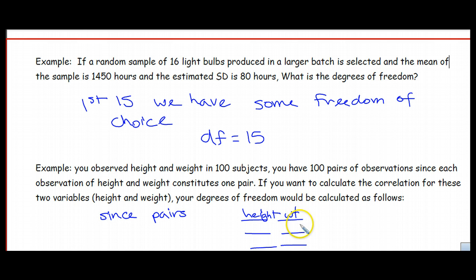Since I'm choosing pairs, how many am I going to have left at that last choice? When I make that last choice, I have to choose the last height and weight. So my degrees of freedom are going to be 98 because I have 100, but I don't have a choice for those last 2 because it's height and weight coming together as a pair.